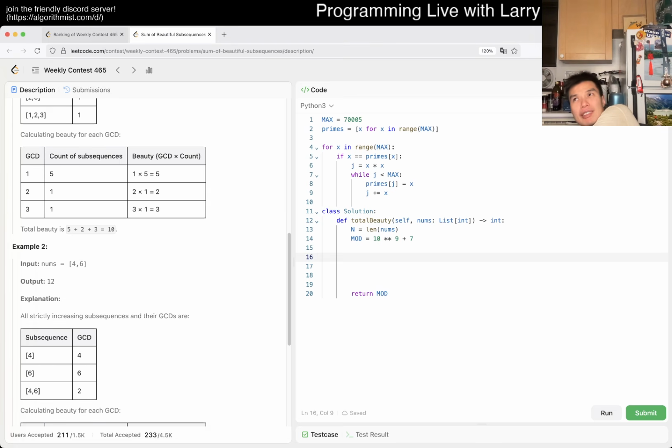Inclusion, exclusion? I mean, I don't know, 128 divisors is still a lot. I don't know this.